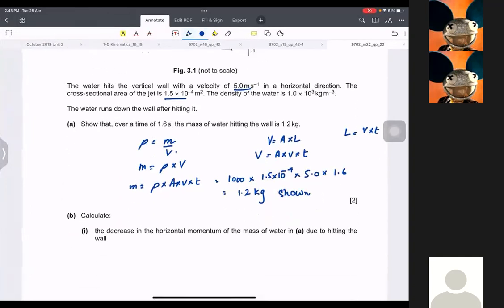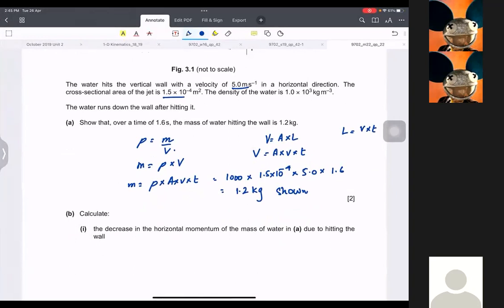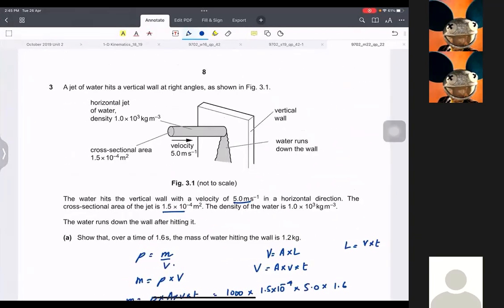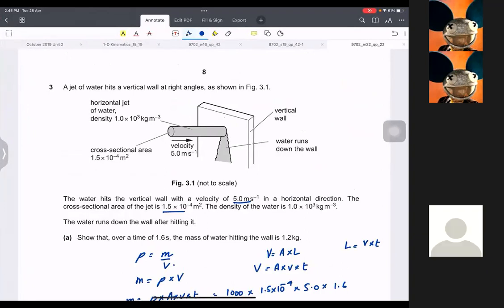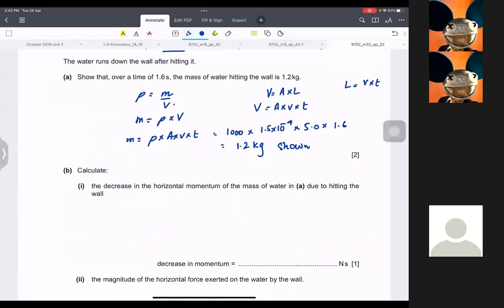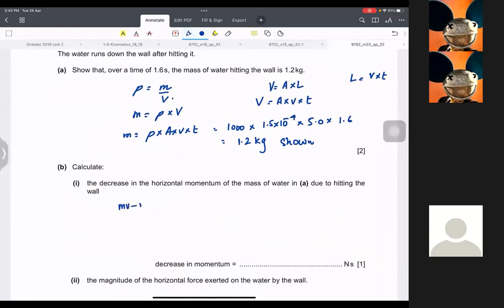All right, now it says calculate the decrease in horizontal momentum of the mass due to hitting the wall. If it just hits the wall, its velocity will be 0. So mv minus mu.